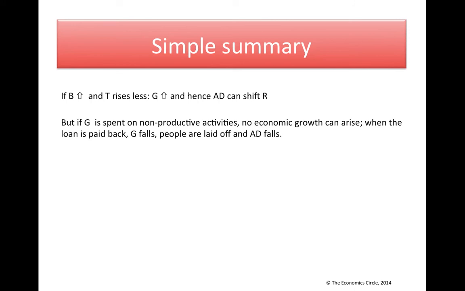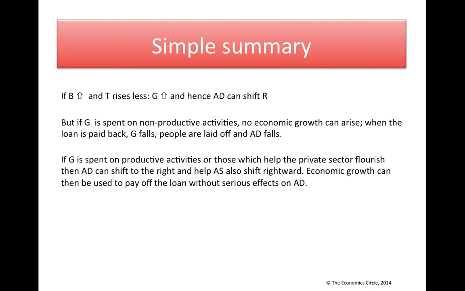If it's spent on non-productive activities, so imagine borrowing money on a credit card and you just go and spend it on food and clothing and it doesn't add anything to your wealth, then there's no growth in your net assets, there's no growth in your income potential. So with the economy, there'll be no economic growth. Now when the loan is paid back, arguably government expenditures must then decline, people are then laid off, and perhaps AD would fall and you might shift to the left, further left from where it began.